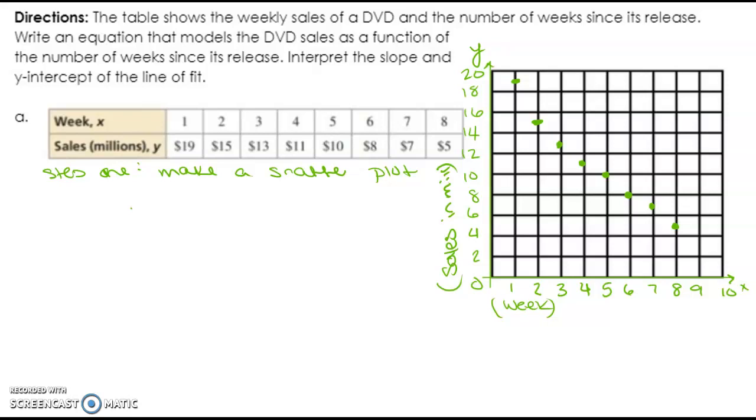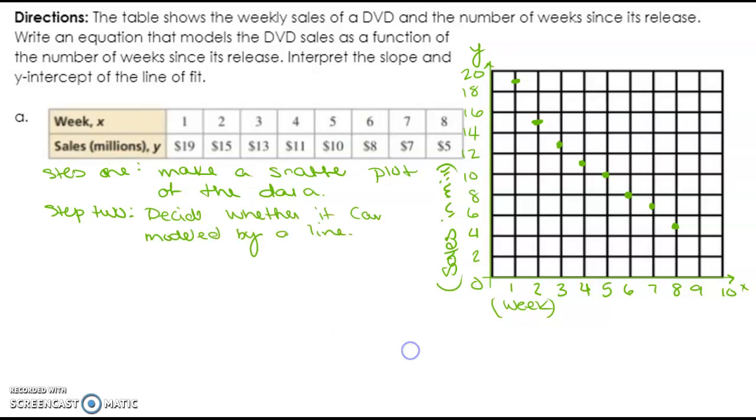We've already done that. And step two, we want to decide whether it can be modeled by a line. It does seem to have a correlation here, and it looks like a negative correlation, just like before. So it can be modeled by a line.